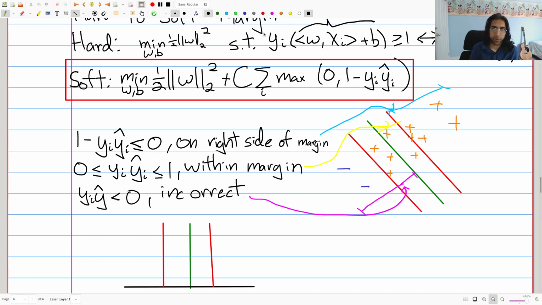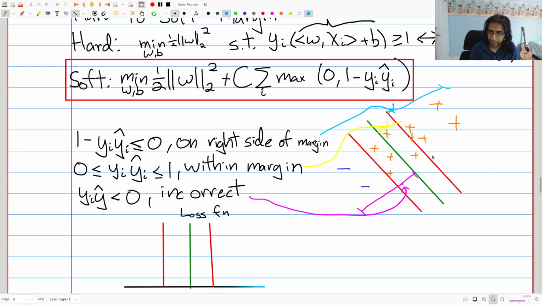The loss function that we're going to have for a particular point is going to look something like this. Anything which is correctly classified, let me label this, the loss function for any point which falls over on this side of the line is just going to be 0.